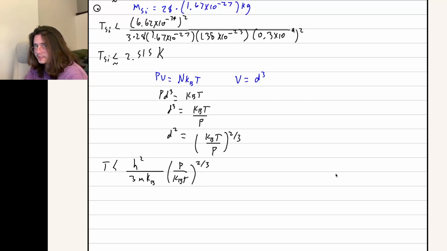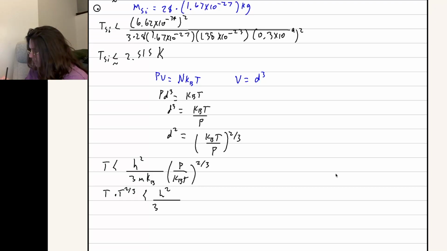And then just algebraically solve for T again. So we have T over here, and we also have T to the 2/3 on the bottom over here. So we'll multiply both sides by T to the 2/3. And then the rest will follow suit.